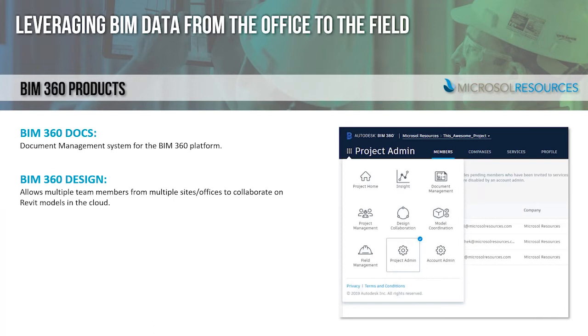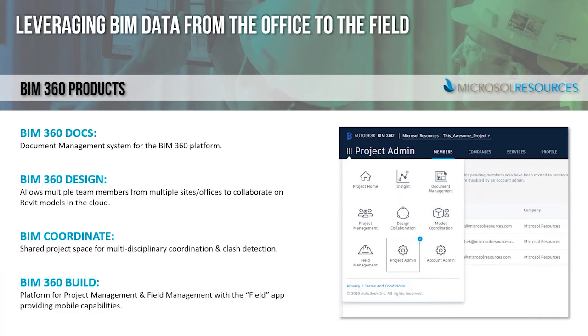BIM 360 Design is the module that allows team members from multiple sites or offices to collaborate on Revit models in the cloud at the same time. BIM Coordinate, formerly known as Glue, is a shared project space for coordination and performing clash detection, among other things.